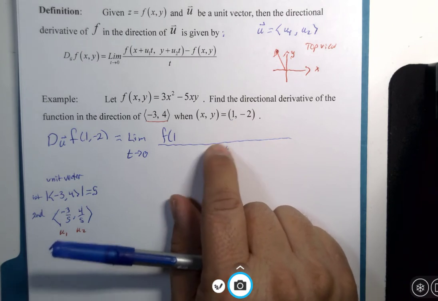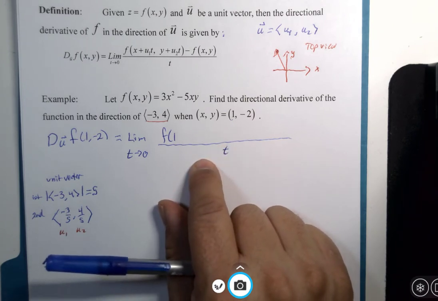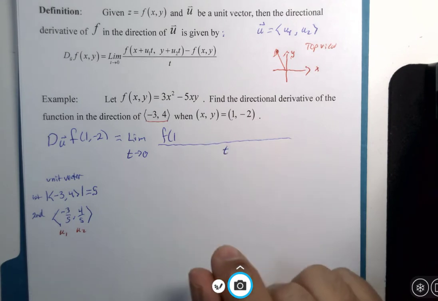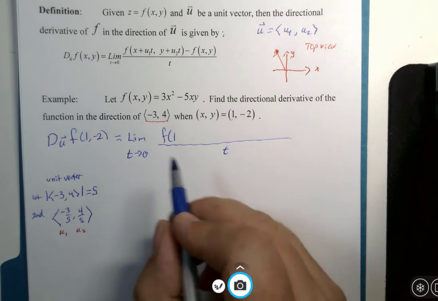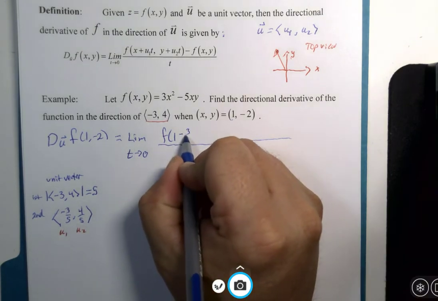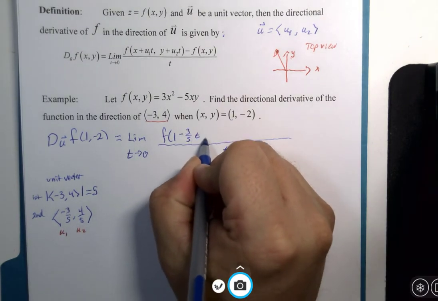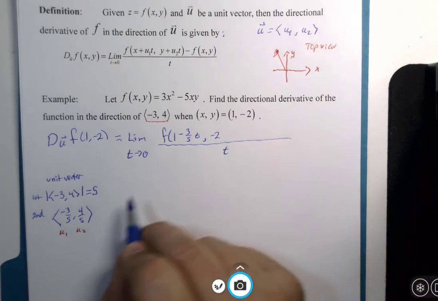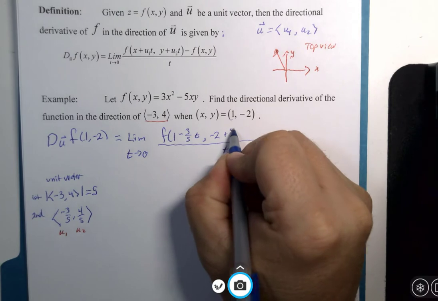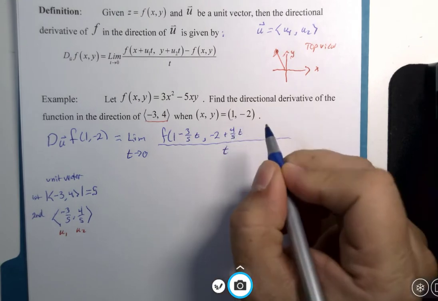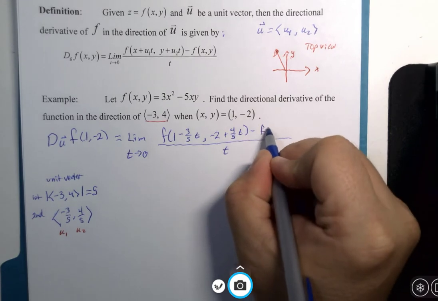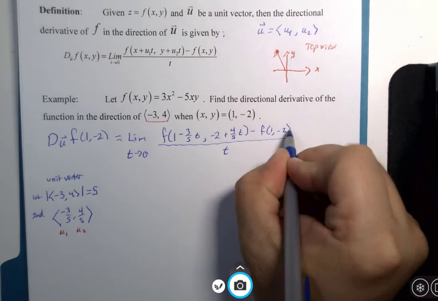So it's sort of like saying if I went one step over, how far would I go up and down? That would be a way of interpreting it. So minus 3/5 t, comma, the y value is negative 2 plus 4/5 t, minus f of 1 comma negative 2.